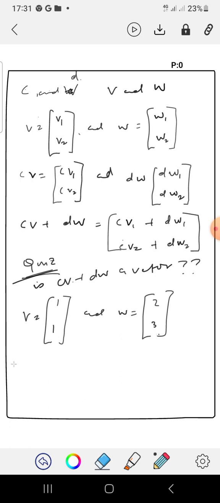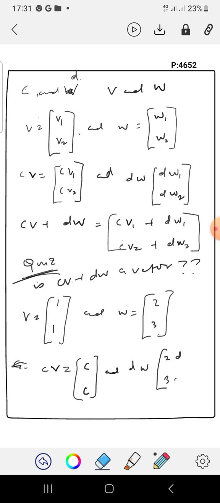And then let's say our C is C and our D is D. So CV would automatically become C, C, and D omega will become 2D, 3D, and CV plus D omega becomes C plus 2D and C plus 3D.